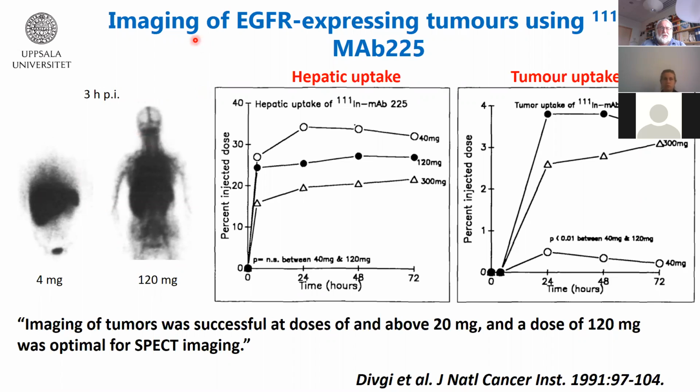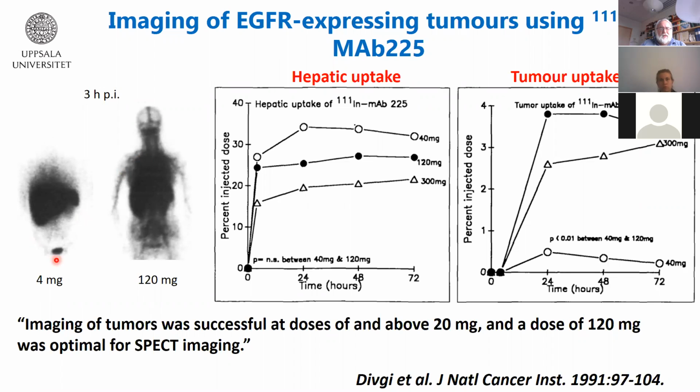This image was produced by Chaitanya Divgi in the early 90s when he tried to use an anti-epidermal growth factor receptor antibody for imaging of lung cancer. This was before FDG, so antibodies were considered as possible imaging probes for staging.